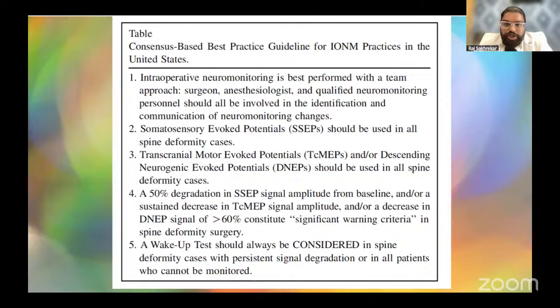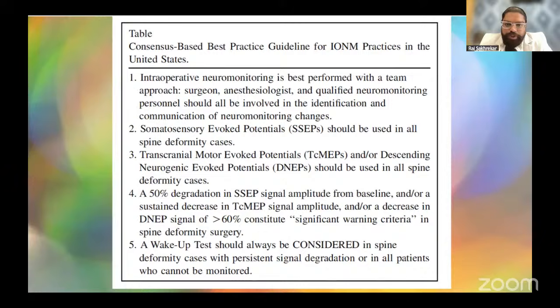Neuromonitoring: SSEP should be monitored in all cases. There are some patients with neuromuscular scoliosis where we don't have the MEPs, but the SSEP acts as the standard or baseline for us. So SSEP should be monitored in all spine deformity cases, even in neuromuscular cases where the GMFCS is 5.